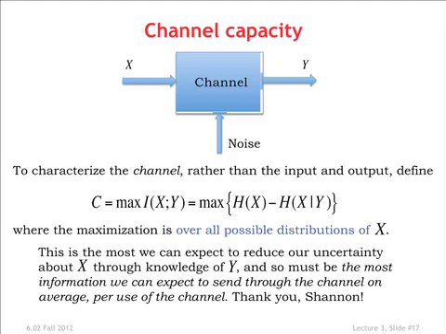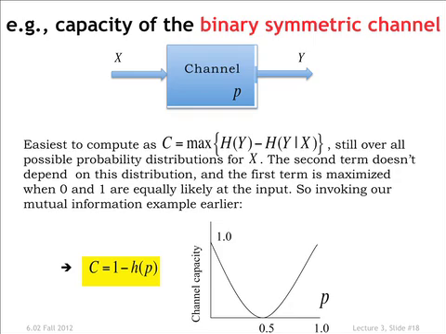If you go through that computation, you find that it's exactly the shape that we had before. For the binary symmetric channel, it happens to be exactly this curve. Okay, so that gives us an idea of the maximum information that you could be transmitting across the channel.